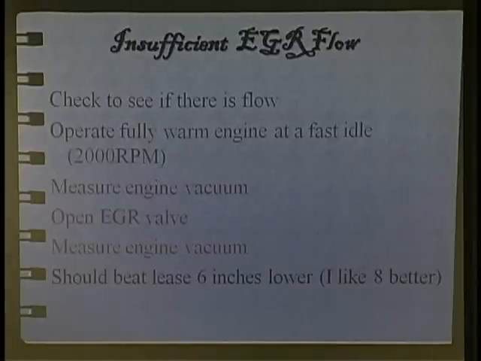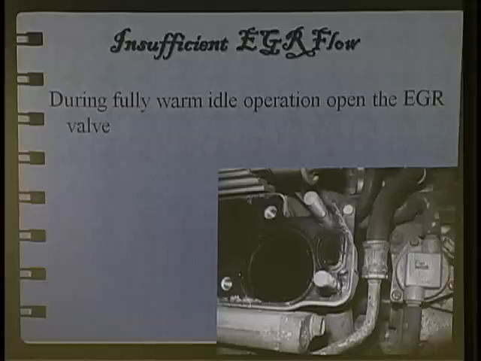I like 8. I like vacuum to drop by 8. 6 inches seems to me like there's got to be some sponges in there. There's got to be a little carbon in there. All right. And since I'm there, I might as well get paid for cleaning a little bit. Nobody says it's got to be a lot for me to get paid. All right. So that's the way to do it.